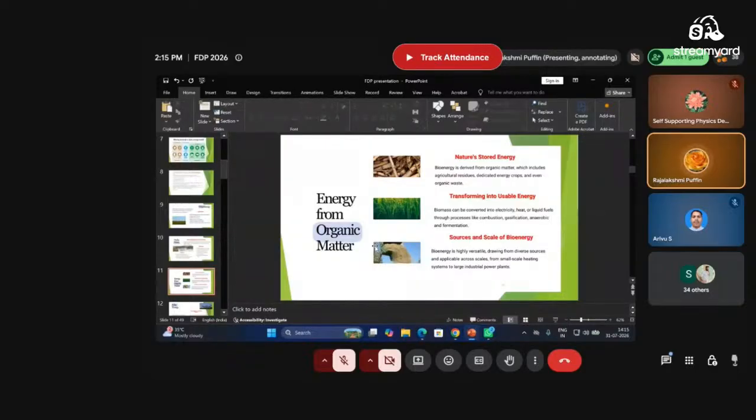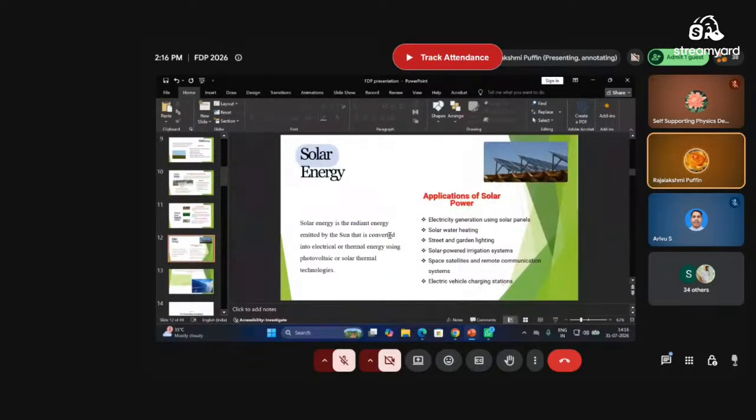For example, if you want to convert bioenergy from organic matter, agriculture things, even organic waste, we have to collect the organic masses and go for carbonizing, and then some preparations based on the sol-gel method or different thin film methods. For example, the groundnut shell we can use, sugarcane waste we can use, similarly paddy waste, everything we can convert into some masses. Then we can use them for storage applications.